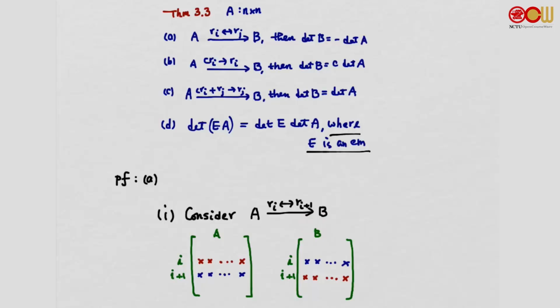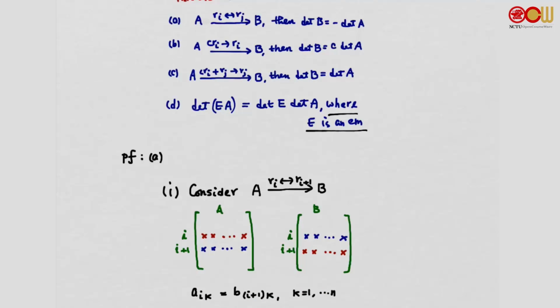So we have the A matrix here, the ith row entries are these red X's, and the I plus 1 row entries are the blue ones. Now we apply the row interchange. Then the blue ones will go to the ith row, and the red entries will come to the I plus 1th row for B.